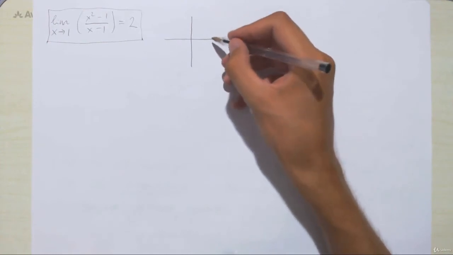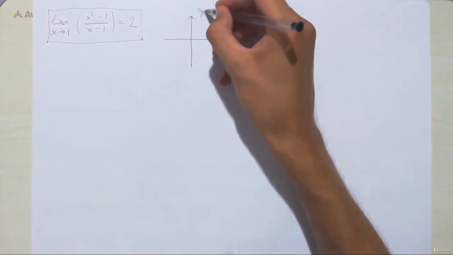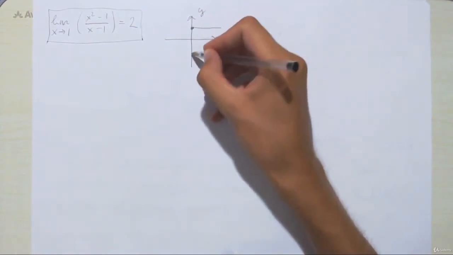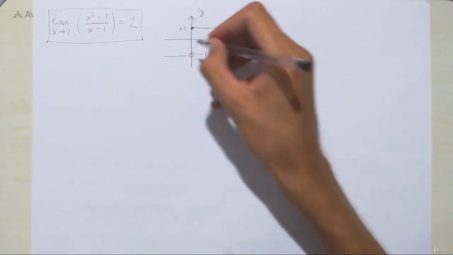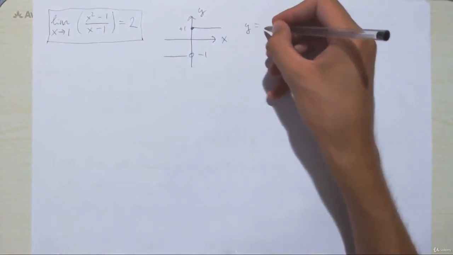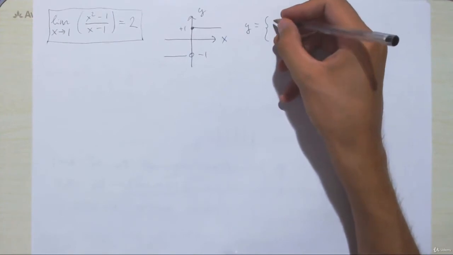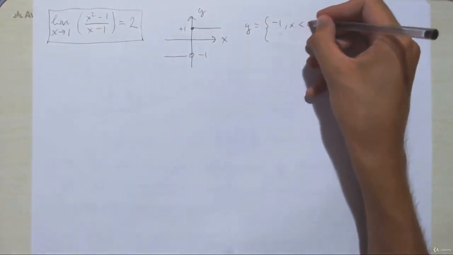For example, if I have this kind of function, x and y, and then I just have a function like this, and this is minus 1, and this is plus 1. So the function here would be defined like this. It would be minus 1 if x is smaller than 0.